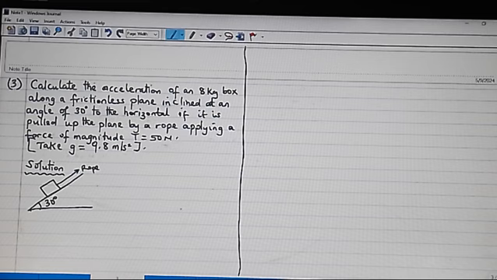After this we can use a free body diagram to illustrate the above information, treating the box as a particle and indicating all the forces acting on the box. So we just use a dot to represent that particle. This is the plane.